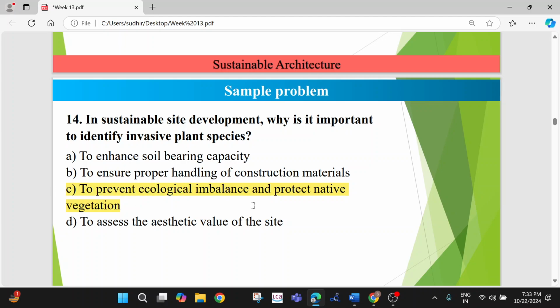Identifying invasive plant species will help you prevent ecological imbalance and protect native vegetation, as mentioned in option C. It is also essential to prevent them from overtaking native vegetation and disrupting the local ecosystem. They will overall help in maintaining biodiversity and ecological balance. That's why option C, as all of you have marked, is correct.